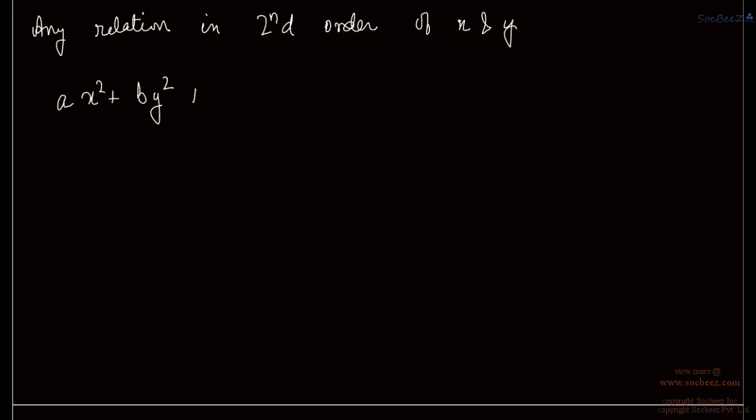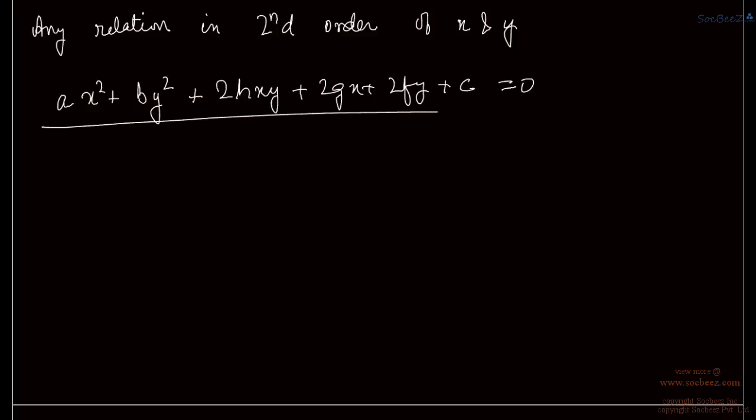Any relation in second order of x and y can be written in the form ax square plus by square plus 2hxy plus 2gx plus 2fy plus c is equal to 0.